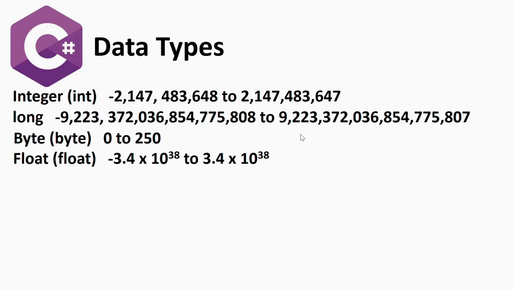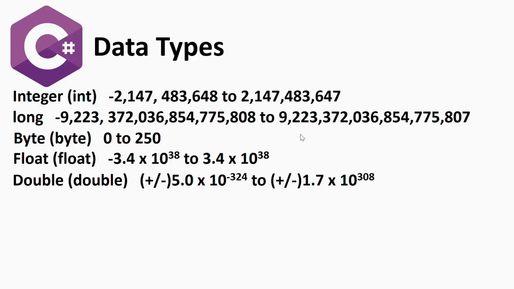Then we have the float. Float allows for decimal points, and the range is -3.4 times 10 to the power 38 to 3.4 times 10 to the power 38. 3.4 times 10 to the power 38 simply means 34 followed by 37 zeros.